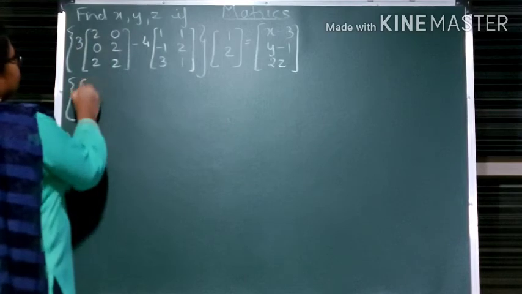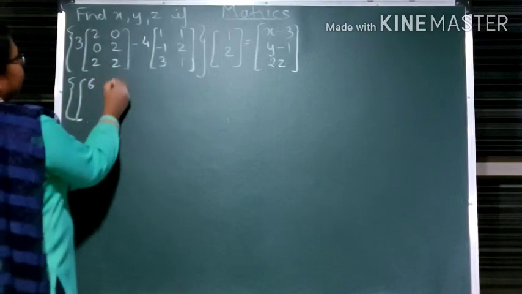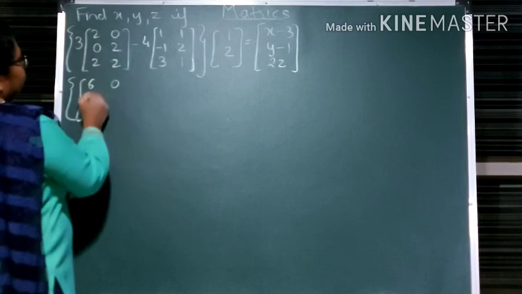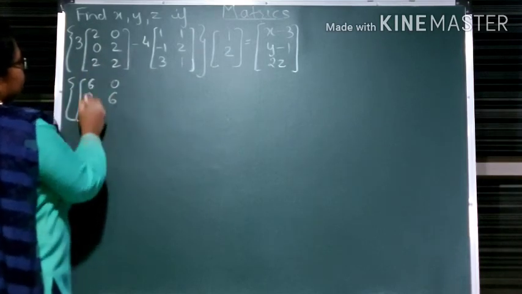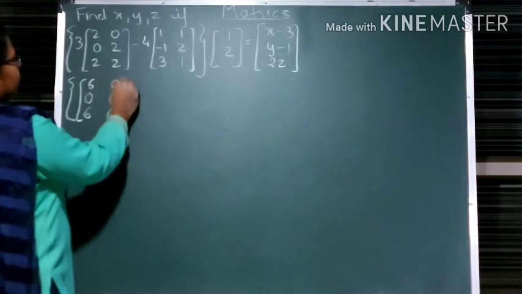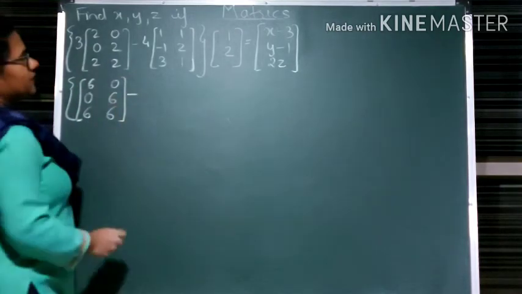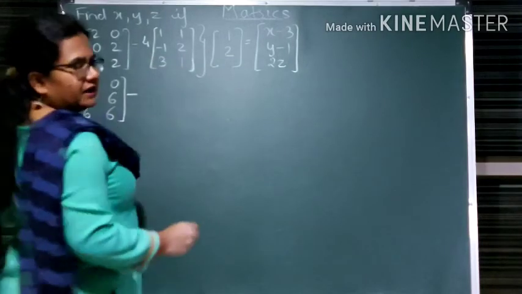So 3 2s are 6. 3 into 0 is 0. 3 into 0, 0, 3 2s are 6, 3 2s are 6 and 3 2s are again 6. Minus. Now here it is 4 into this matrix.